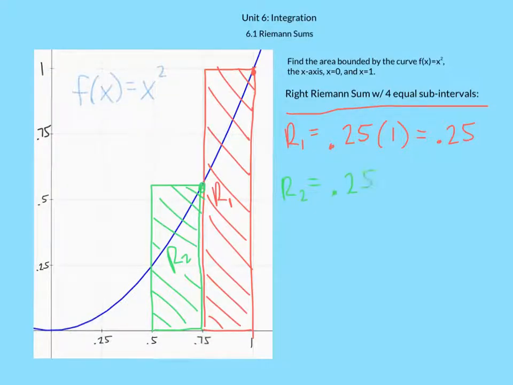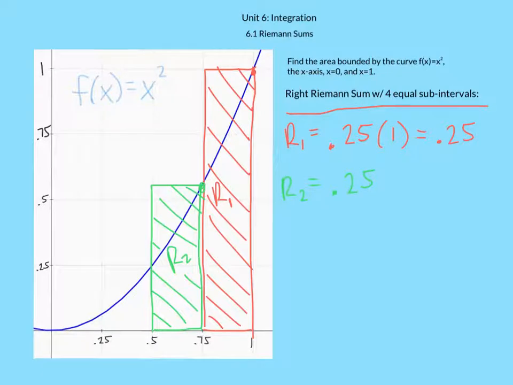Now what's our height? Well, our height is whatever we get when we plug in 0.75, this x value, into our function. It's the y value. So you can use your calculator for that, which I will. And if you want to go into your table and just plug in values into your table, you can.